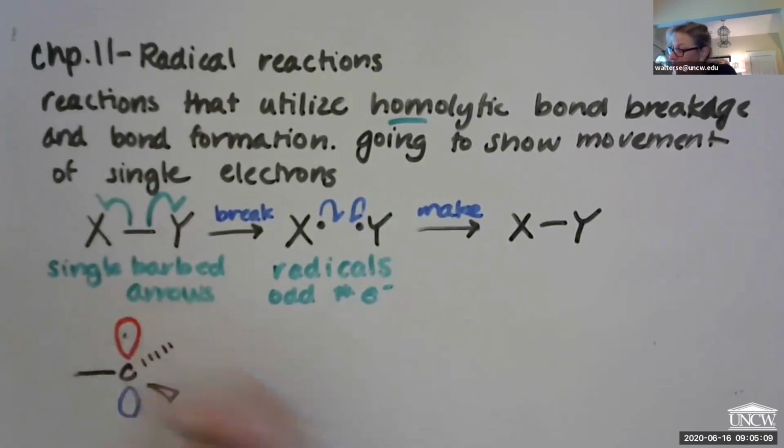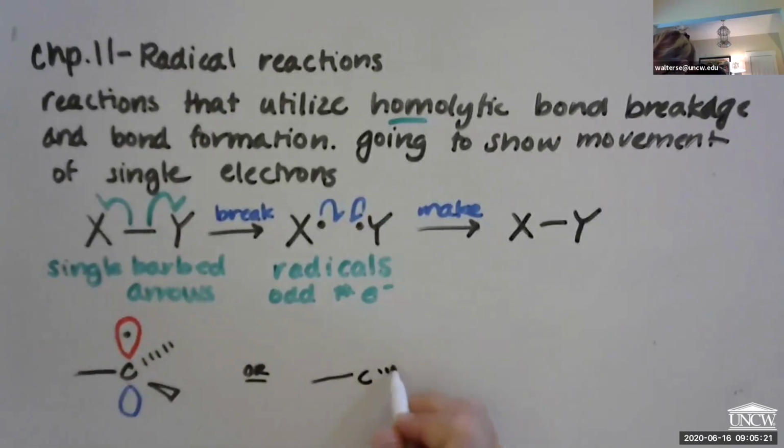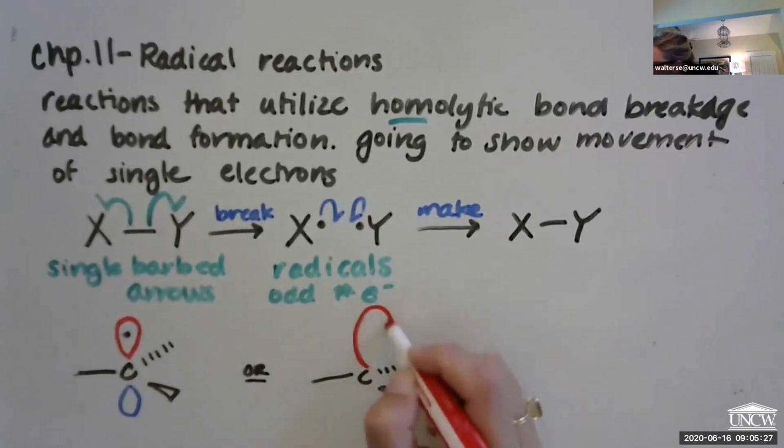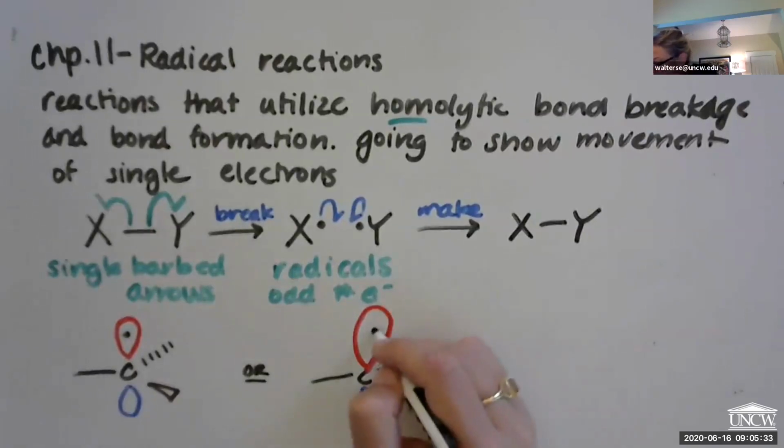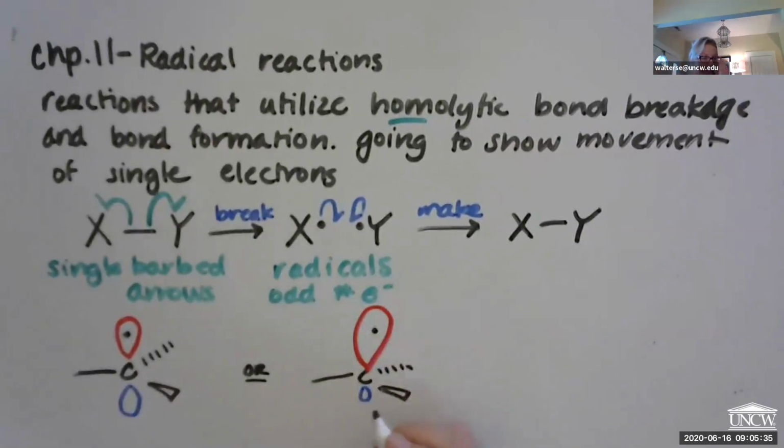So that's one way to visualize the electron. The other way, and this is kind of hard to draw, is instead of a p orbital, that electron is in an sp3 orbital, and this is sort of like a shallow pyramid.